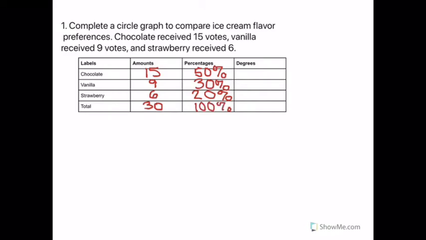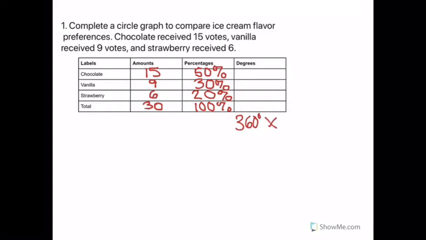Okay, so how do we translate these percentages into degrees? Remember that a whole circle is 360 degrees. So to find this last column here, we're going to take 360 and multiply it by these percentages written as decimals. So start with your 360 degrees.